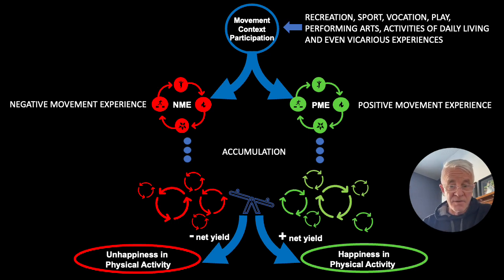And sadly, in most societies, Canadian and Swedish, females, due to the fact that we don't construct quality movement experiences well for females, mostly for males, the average female in Canada associates unhappiness with movement rather than happiness because they've accumulated more negative movement experiences. It's critical to think about having all children leave with green positive activations.